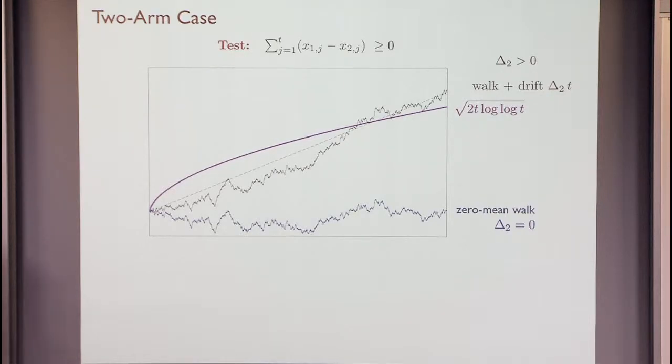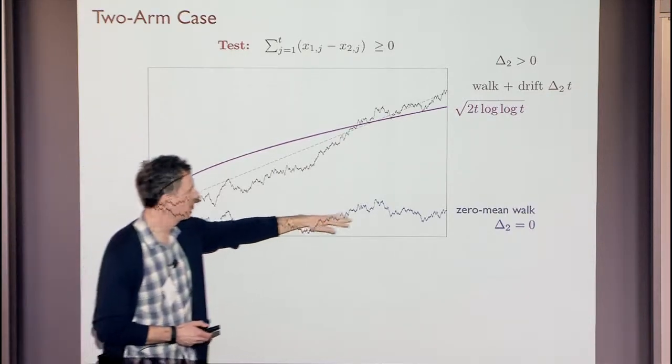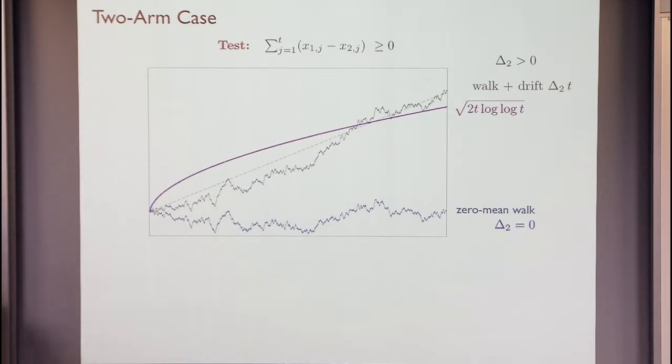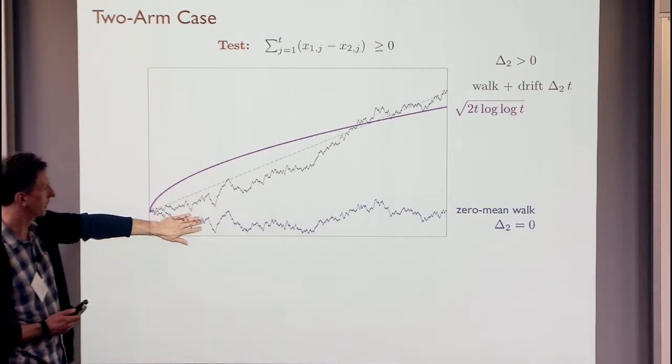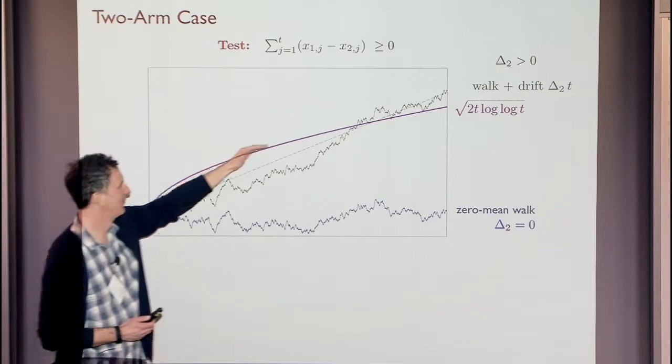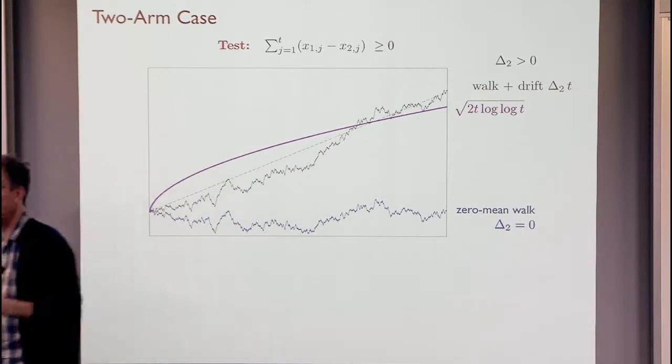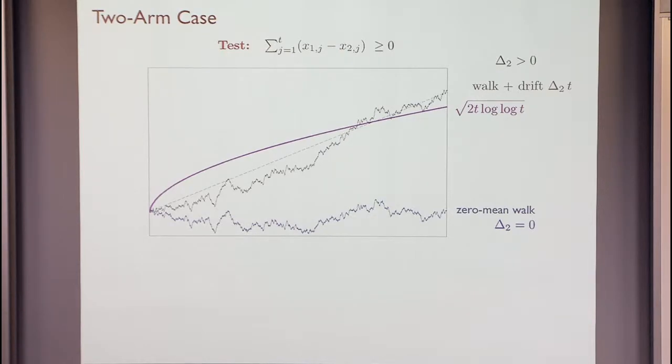Well, we know that at least the zero mean random walk ought to stay in an envelope, which is given by the law of the iterated logarithm. Right? So this random walk, the blue one, morally speaking, shouldn't come outside of this square root of 2t log t, which is the LIL bound. Okay?